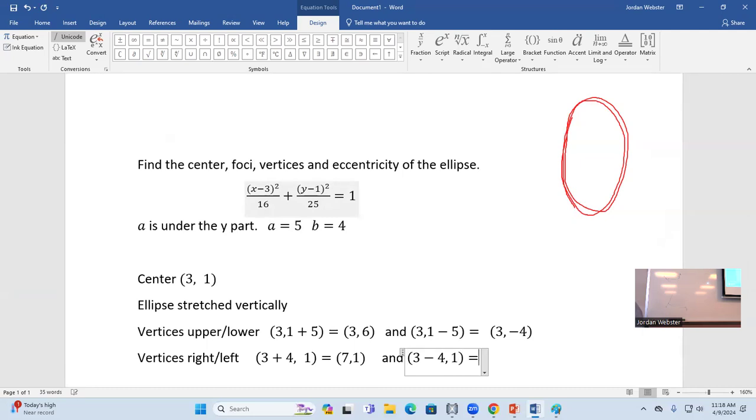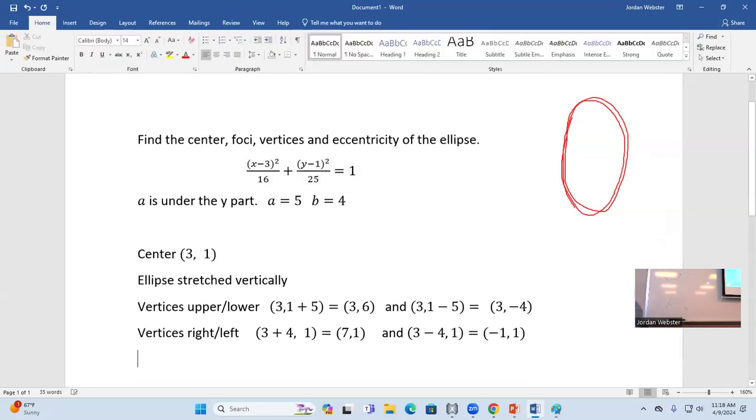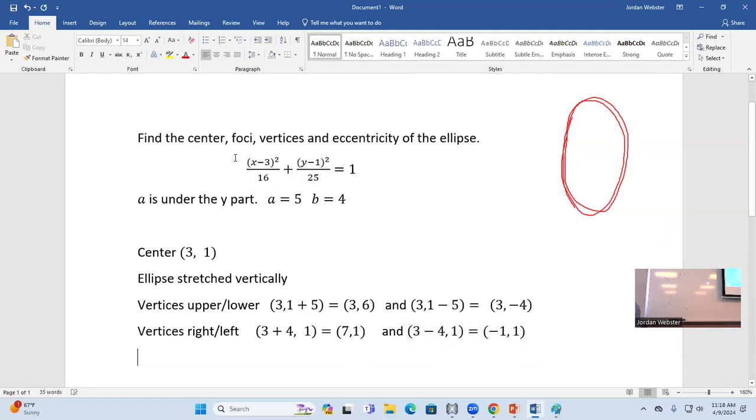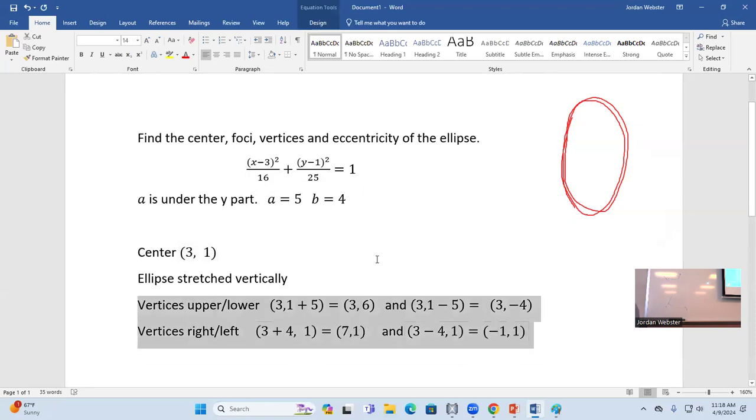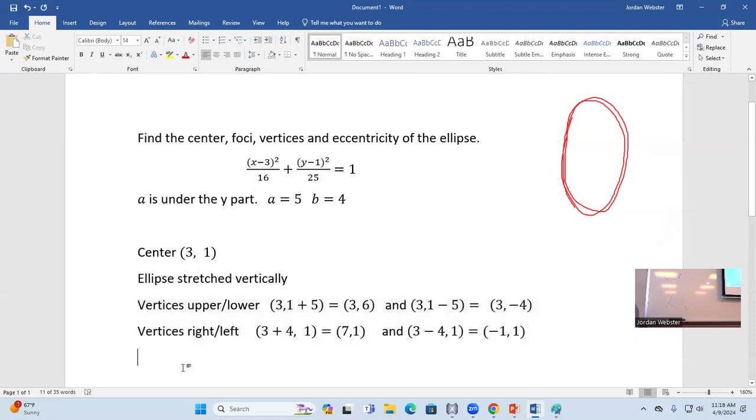So my leftmost vertex is going to be negative 1, comma 1. So that's the center, 3, 1, and then the 4 vertices. Now, by the way, an ellipse is always going to have an upper, a lower, a left, and a right vertex.